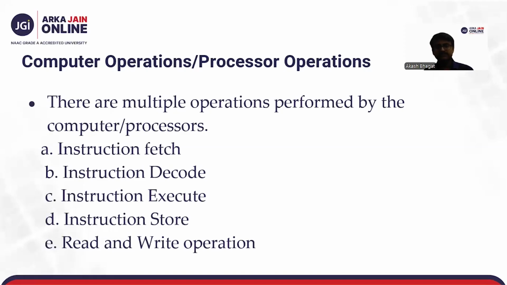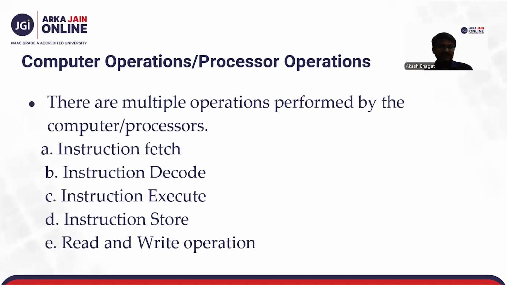So we have to execute on different processors, using different compilers. Once the data is executed, we have to store these instructions, and to store them we can use the write operation.